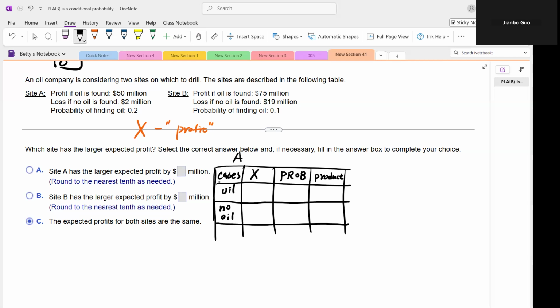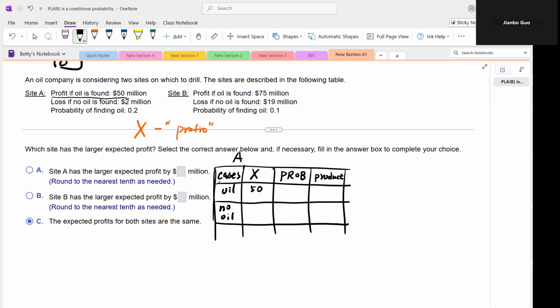So in the case the site has oil, then the profit, see, profit if oil is found is 50 million. We are going to ignore the million and then attach it back later, okay? Everything has a million on it. So just do 50 million. So if the oil is found in site A, the profit is 50 million, so 50.